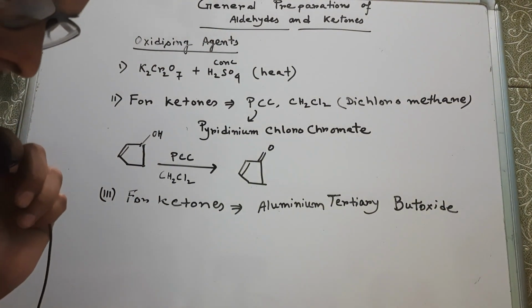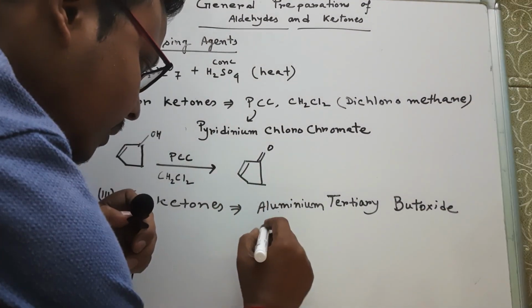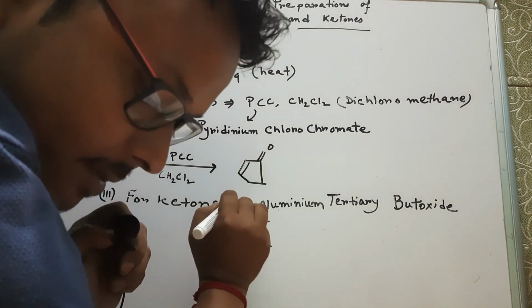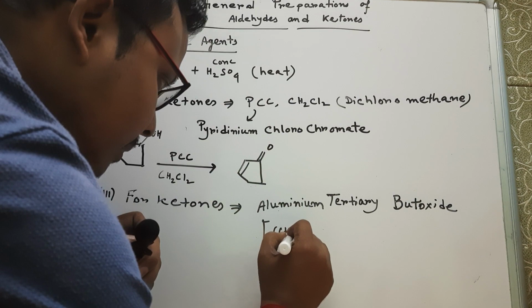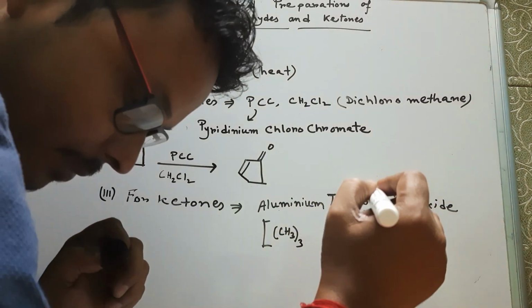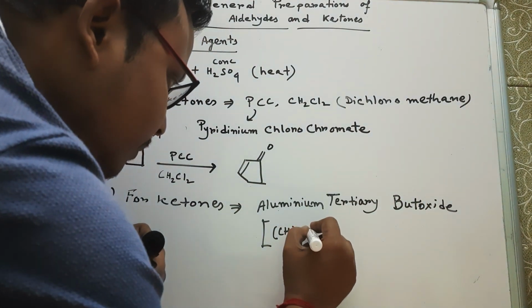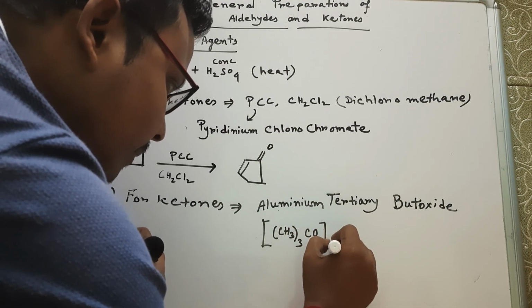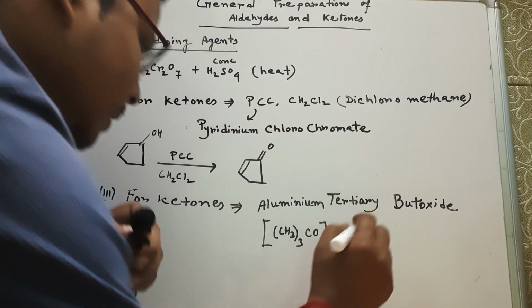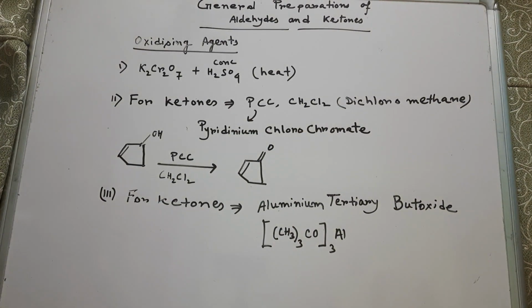Aluminium tertiary butoxide. This will be like this: (CH3)3CO whole 3 Al. This is the aluminium tertiary butoxide.